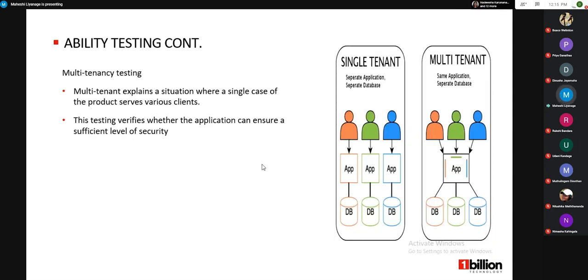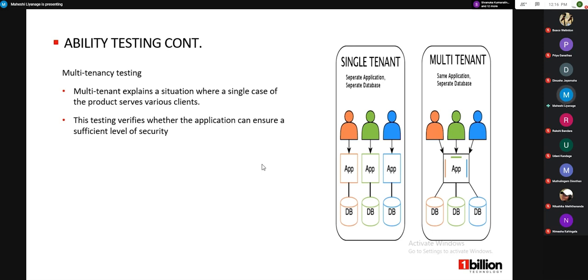Then we have multi-tenancy testing. Multi-tenant means a situation where a single instance of the product serves various clients. And multi-tenant applications let the customers or tenants share the same hardware resources by offering them one shared application and a database instance.